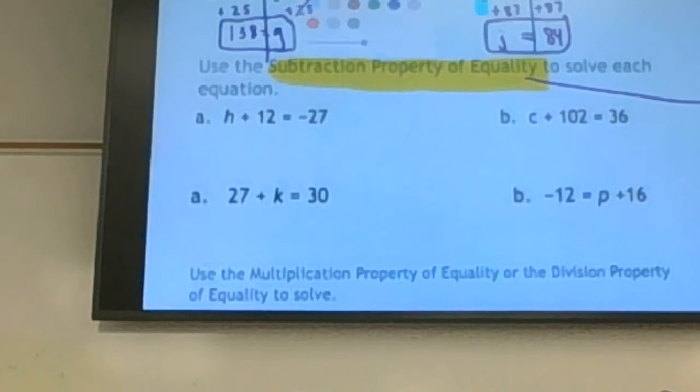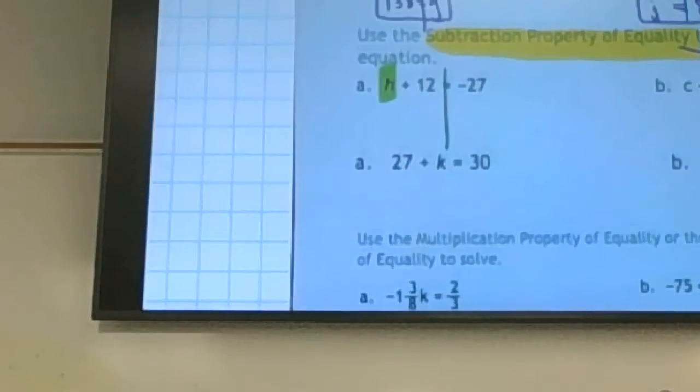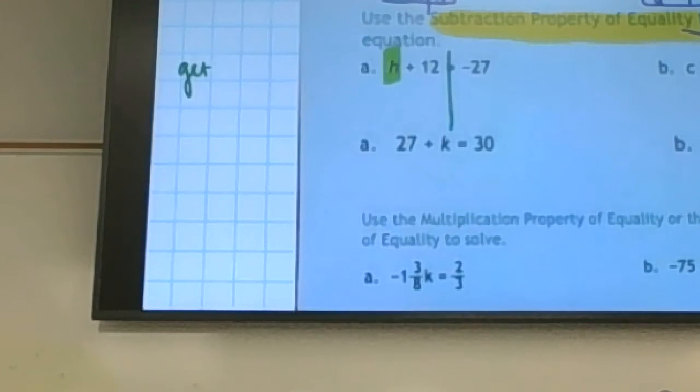So I'll locate my variable here, it's h. Put my equal line in. H is not by itself. I really want to get H alone. What are we going to do? Because it's a plus 12.